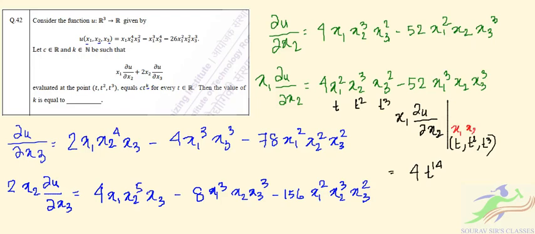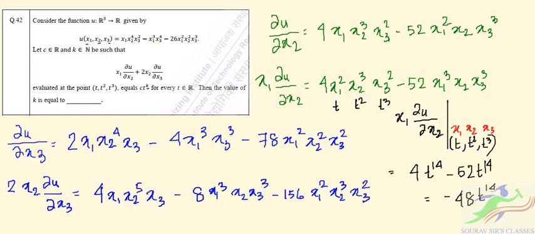On the right hand side it will be 4 t to the power 14 minus 52 t to the power 14, so it will be minus 48 t to the power 14.